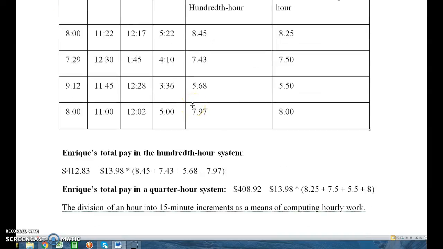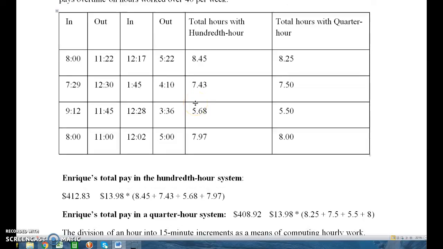If he was under the 100th hour system, you would add those totals up for each day and multiply by $13.98. His gross wage would be $412.83. If he's paid on the quarter hour system, you would add up all the hours for each day and multiply by $13.98. His gross wage would be $408.92.